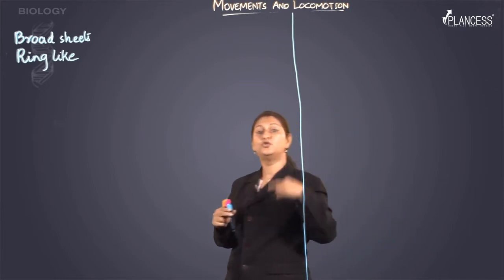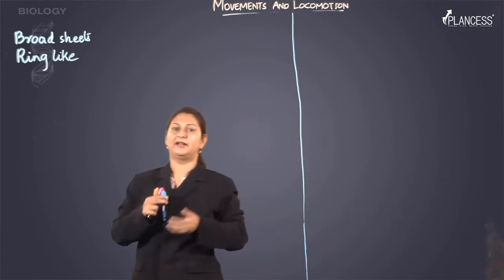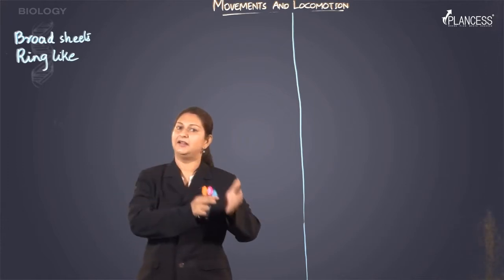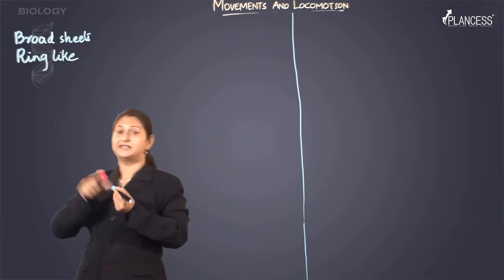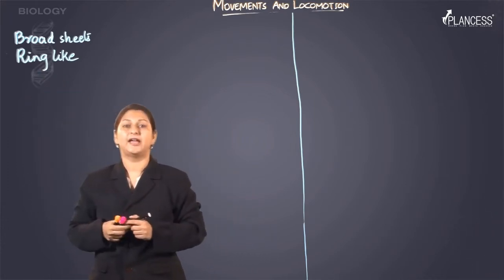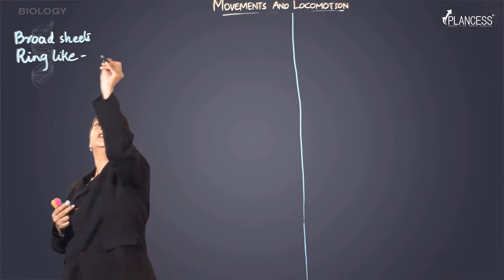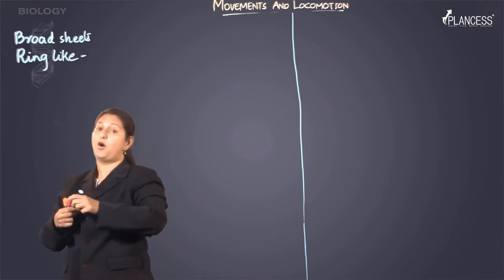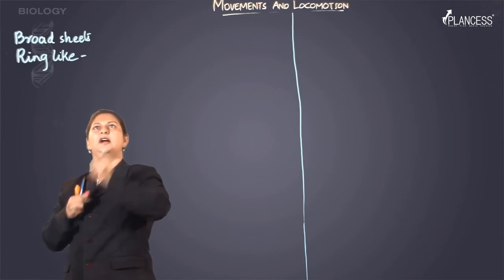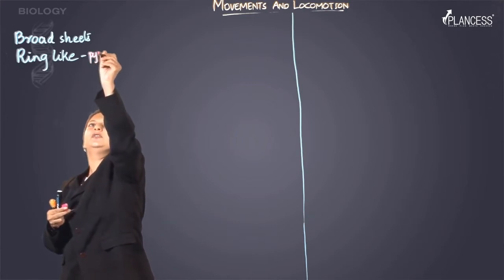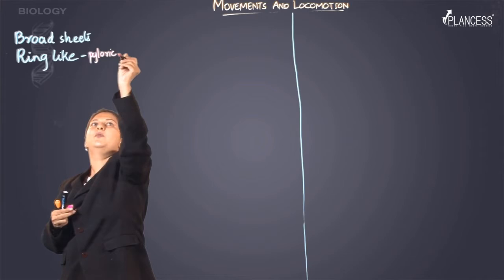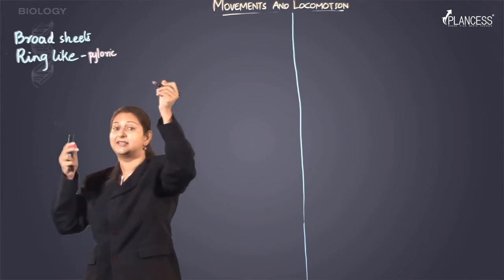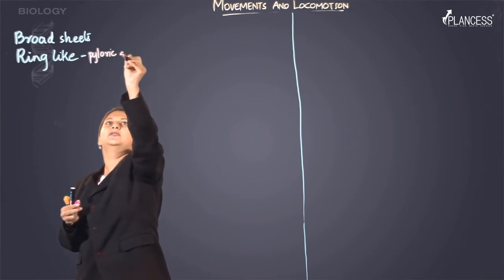So there are two different sphincters working there as an entry gate and an exit gate. Such places need a ring-like muscular structure. Here I can give the example of the pyloric or cardiac sphincter. The pyloric sphincter is the one at the exit gate of the stomach, right?